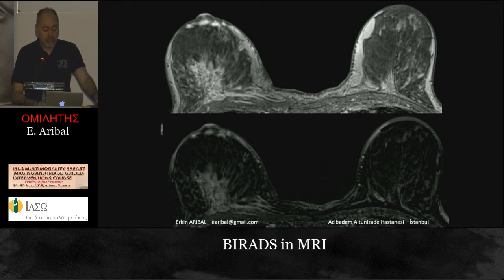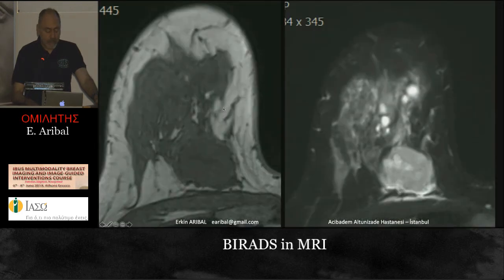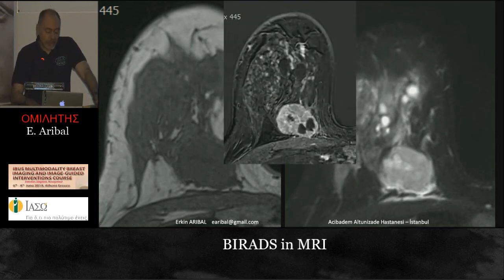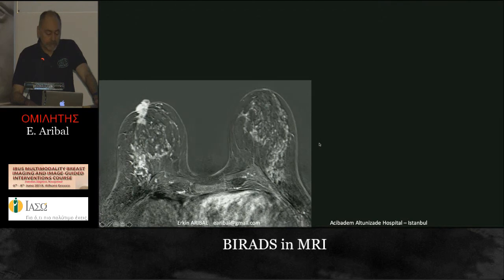And the pectoral muscle is invaded here. This should be reported. And this is a case where the pectoral muscle is not invaded. There is fluid, a prepectoral edema. When you look at the contrast-enhanced images, you do not see any contrast enhancement in the pectoralis muscle.